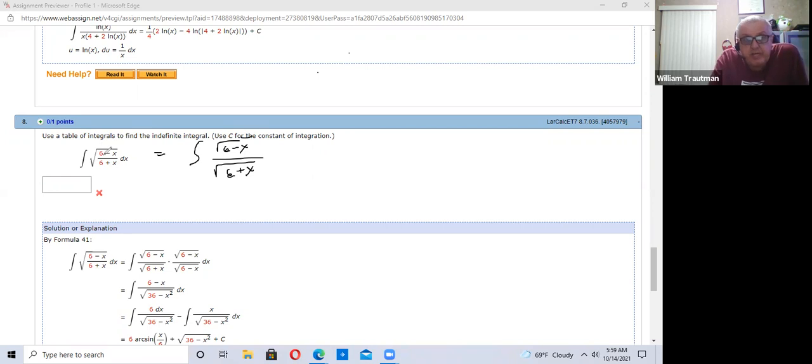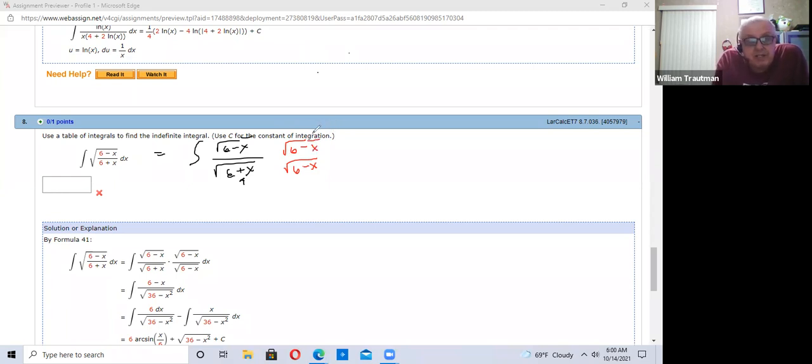Where you have a radical, you can break them apart like we just did. And then they multiply the bottom by its conjugate. The conjugate is the same thing with opposite signs. So I'm going to multiply the bottom by the square root of 6 minus x and square root of 6 minus x.